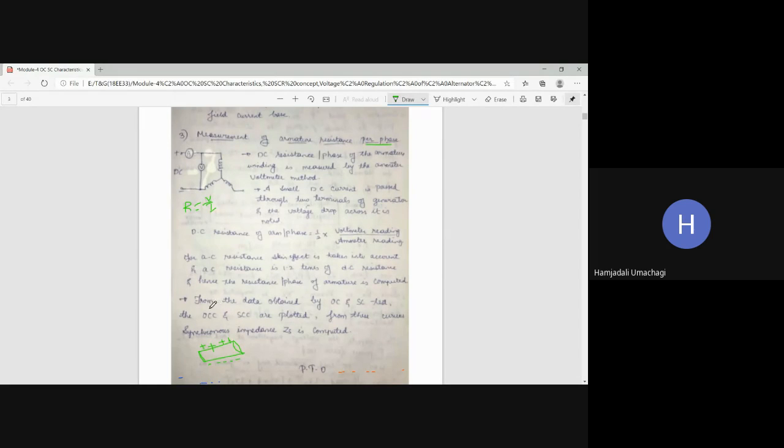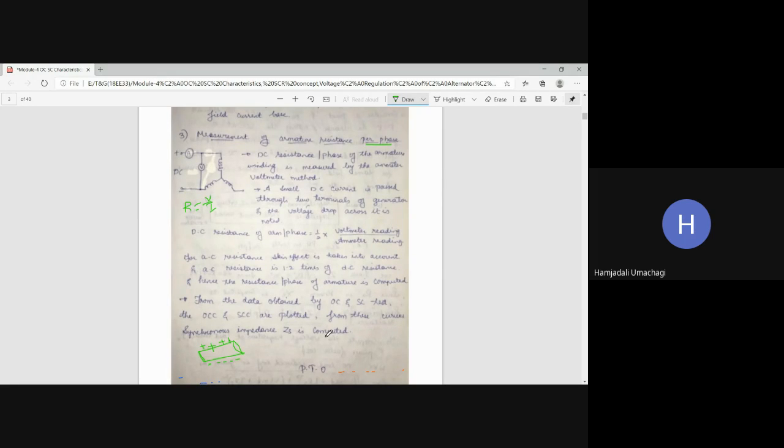From the data obtained by the OC and SC tests, the OCC and SCC are plotted. Whatever values we have noted down with the help of the ammeter, that is IA, IF, VOC for the OC and SC tests, use that data to plot the OCC as well as the SCC curve. From these curves, synchronous impedance ZS is computed.